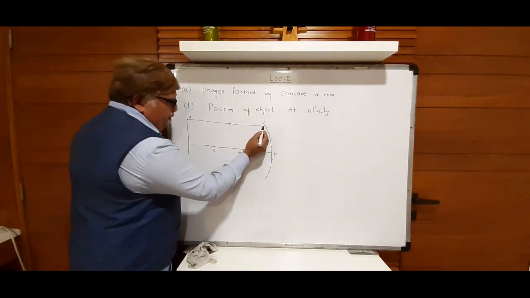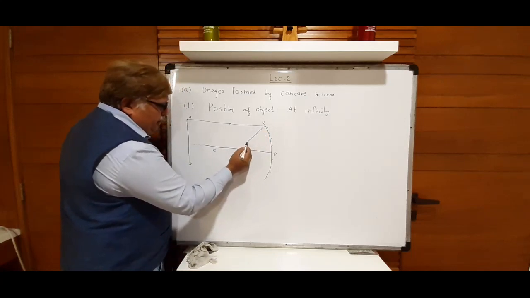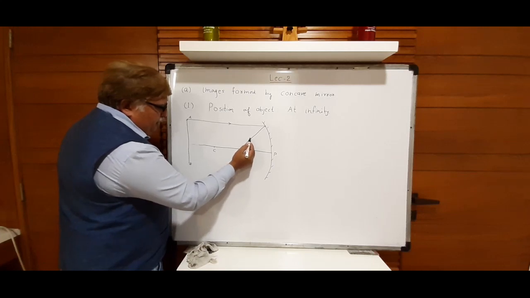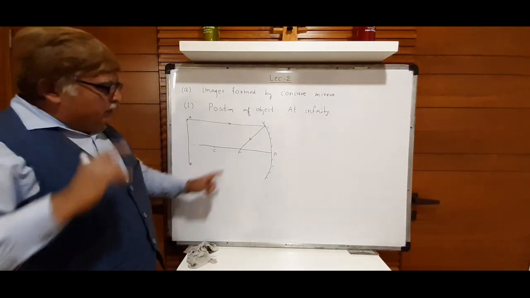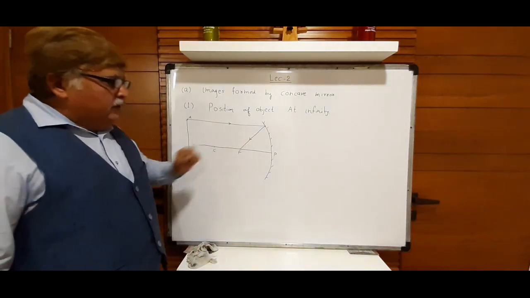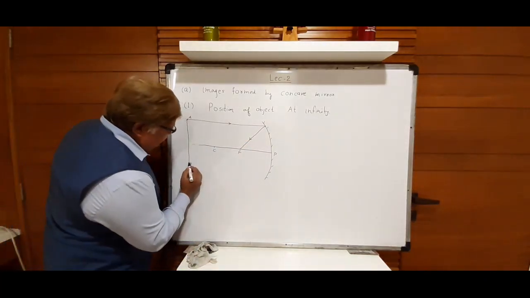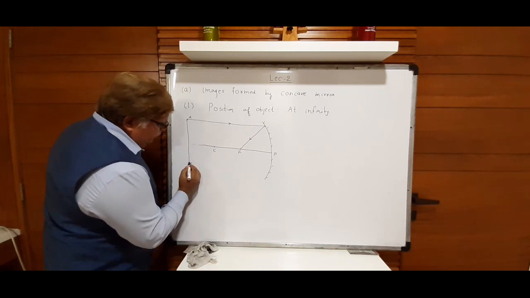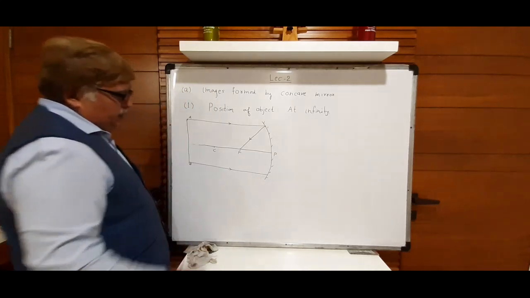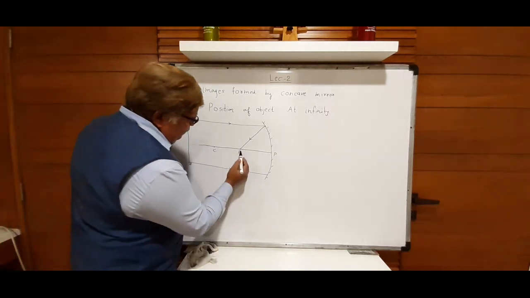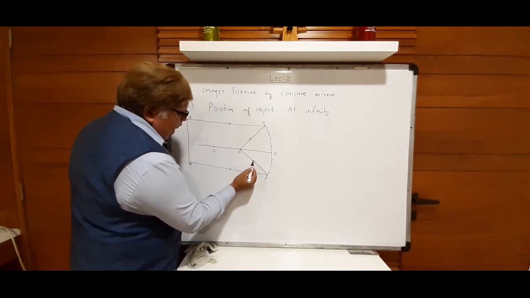After reflection, this ray will pass through focus. You can extend this ray also. I am not extending, not necessary here. So I have just shown it after reflection passing through focus. Second ray, suppose emerging from here, this is also another ray parallel to principal axis, and after reflection will pass through focus.